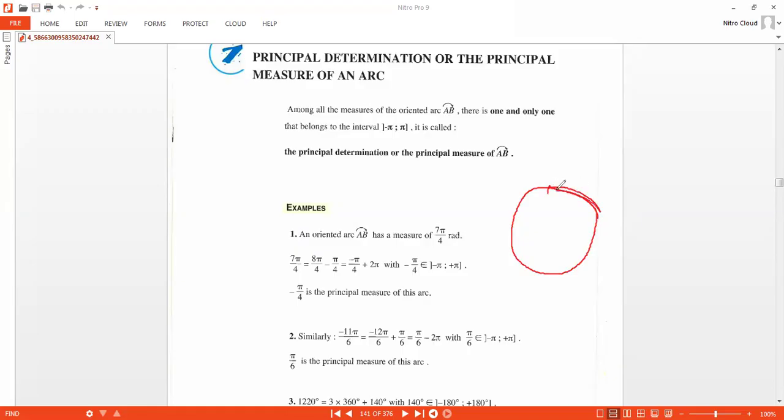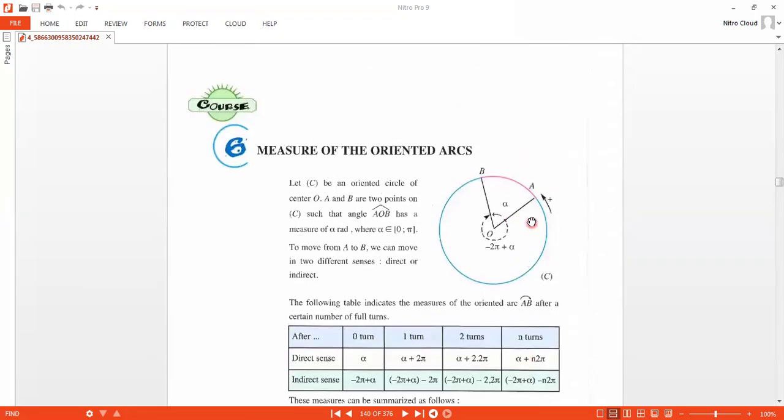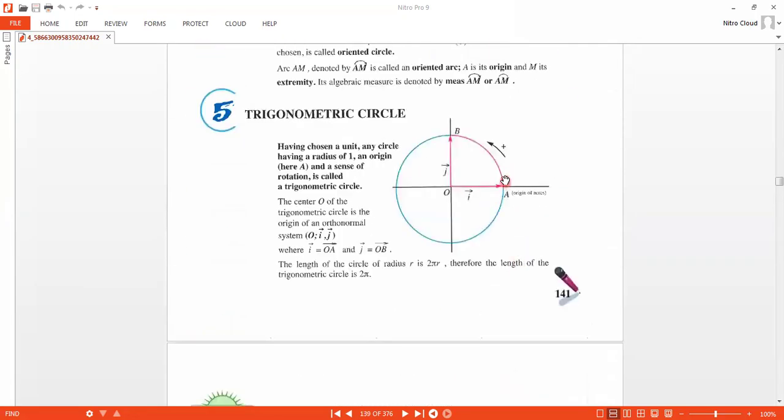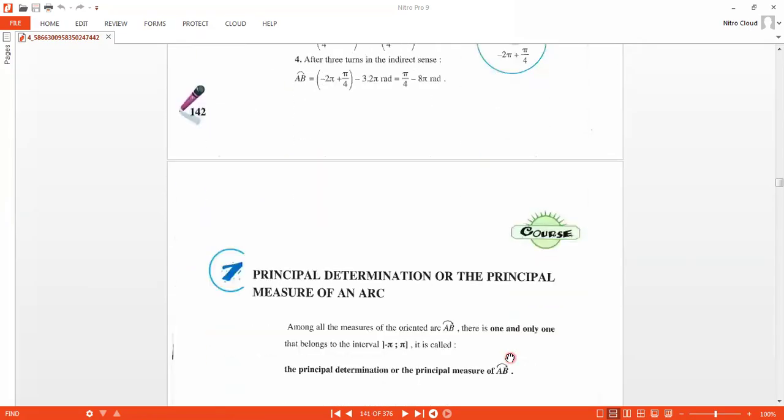How much this little bit more measures, that's what we need to calculate in order to know the principal measure or the principal determination. First of all, you know that every time you do a complete orientation, which is 2 pi, it goes back to 0, and then you calculate the additional part.